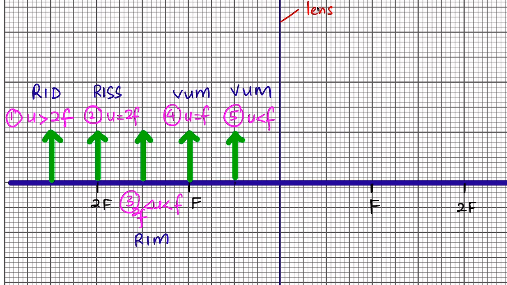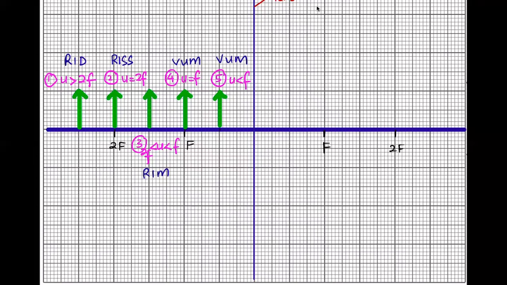The characteristics of the image are usually either real or virtual, R or V, and then either upright or inverted.